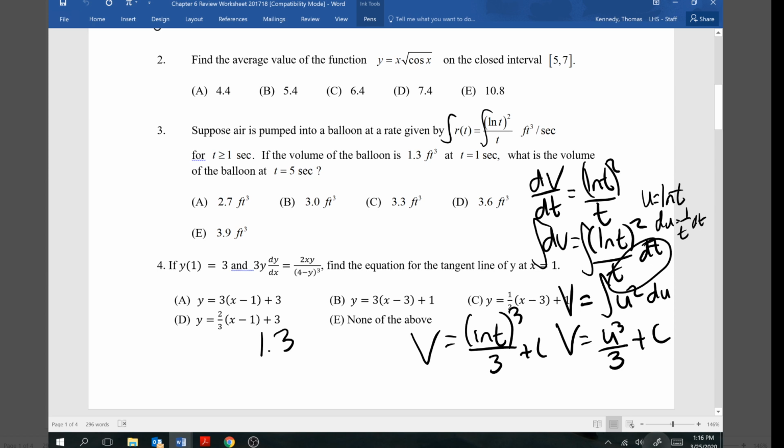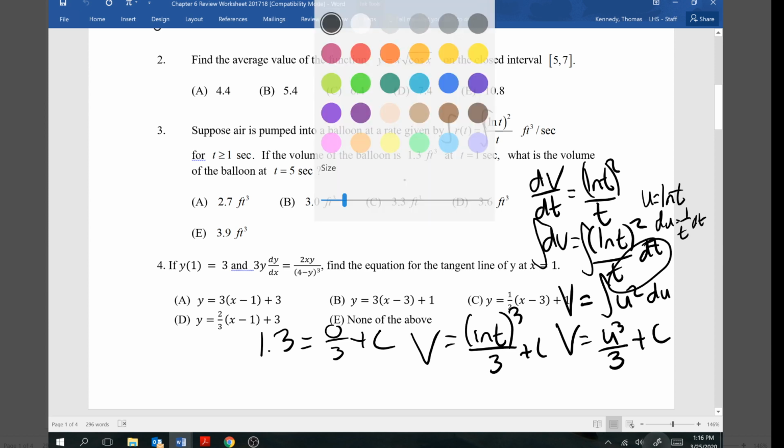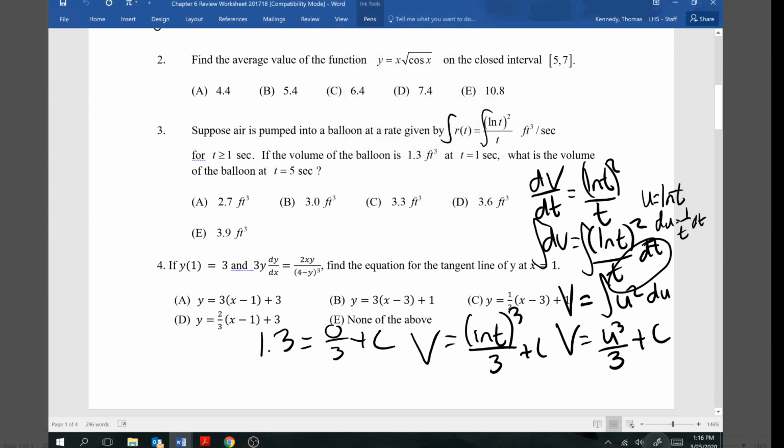So I get 1.3 equals natural log of 1, which is 0. So this is 0 over 3 plus c. So c is 1.3. And all I have to do to finish this question is take this equation and plug a 5 in there.